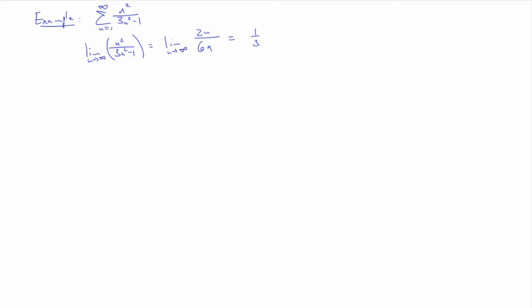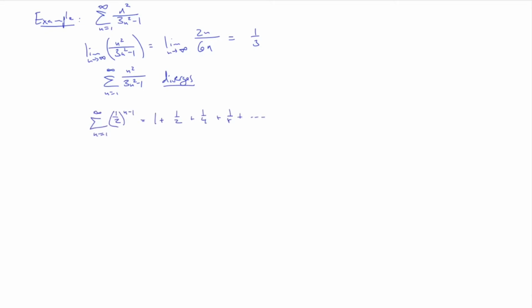And so these terms are going to 1/3 as n goes to infinity. And that tells us that the series sum n equals 1 to infinity of n squared over 3n squared minus 1 diverges because the terms aren't going to 0. If you like, you can say by the divergence test. But it diverges because the terms are not going to 0, so it can't possibly converge.